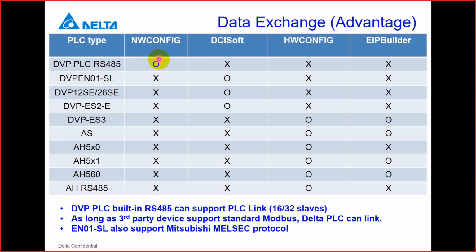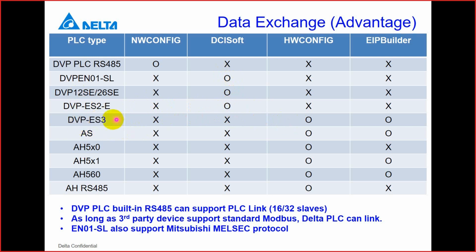But that one is very difficult and troublesome, especially for new engineers, so I won't recommend that way. If you still have some project that uses the DVP PLC, you can consider using the network config to do this. And for DVP EN01 and SE, you can do the data exchange inside ISPSoft, and also for the ES2-E.